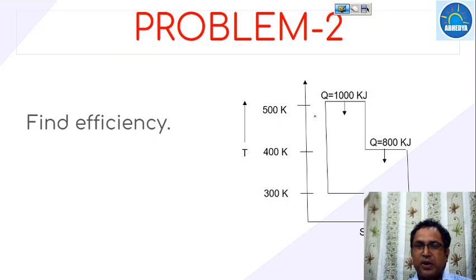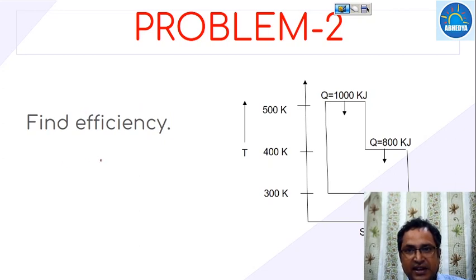Now there is one problem related to the Carnot cycle. This is a heat engine problem. It is given that heat is added at 500 Kelvin temperature, and here heat is added at 800 Kelvin temperature. Okay, and he has asked what is the efficiency of this heat engine.